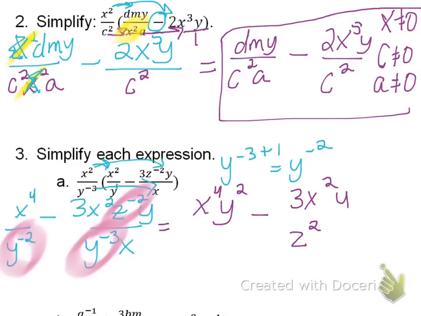And we still have a y up here, but we're also moving up the y to the 3rd power. And then on the bottom, we have the x that is staying the same. So now we can see that we have multiple y's up here that we need to combine. So that will become y to the 4th power.